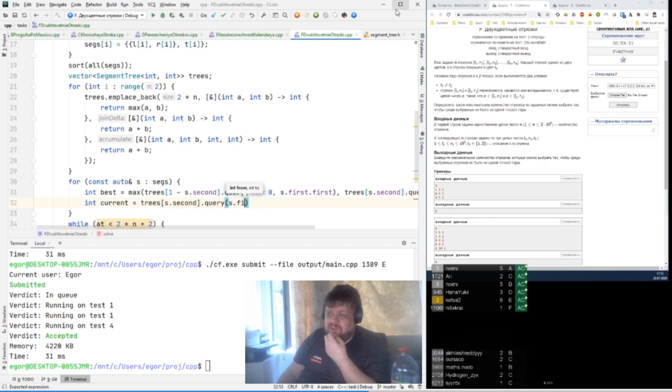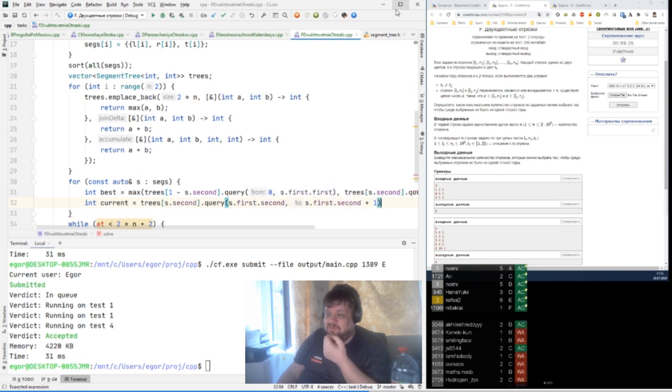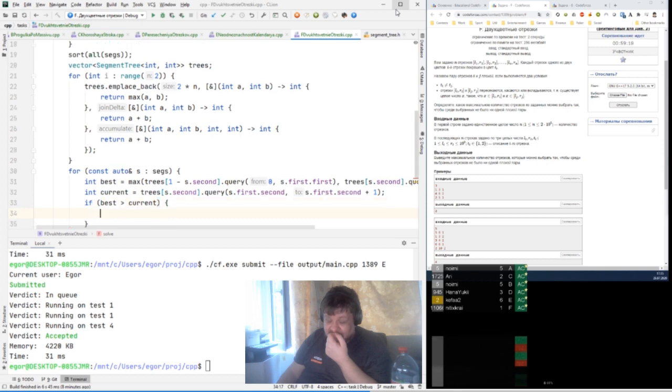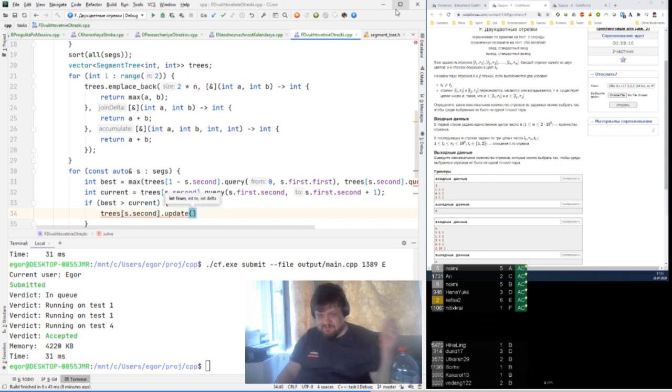So here we calculate the best answer if we use the given segment, and our right end would be at its right end. And if it's better than current, we update segment tree 3 with it.